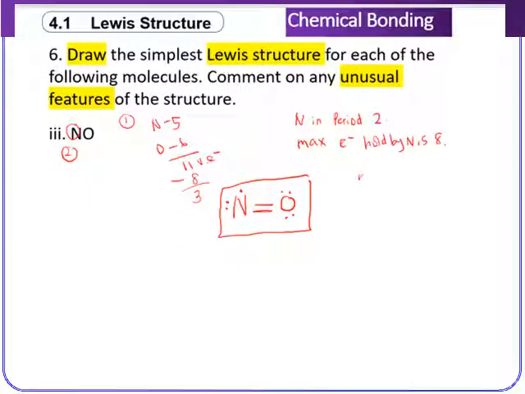In this question, nitrogen is the central atom, and this nitrogen has 2, 4, 6, 7, surrounded by 7 electrons. That's why the unusual feature is odd electron molecule.